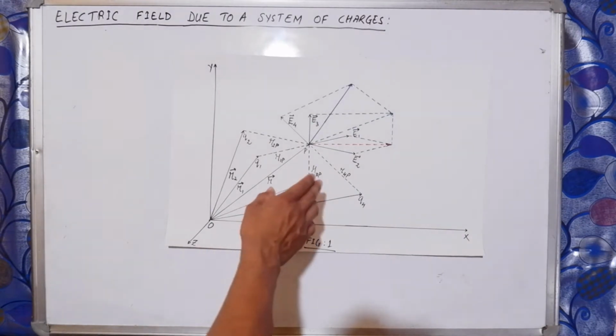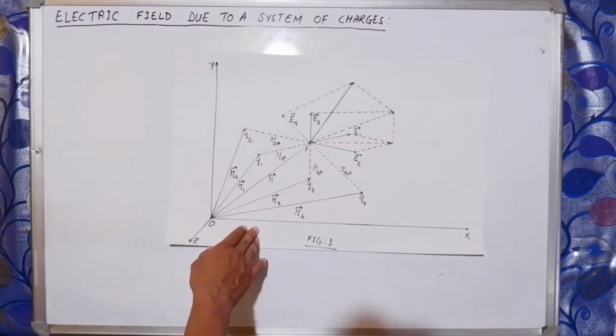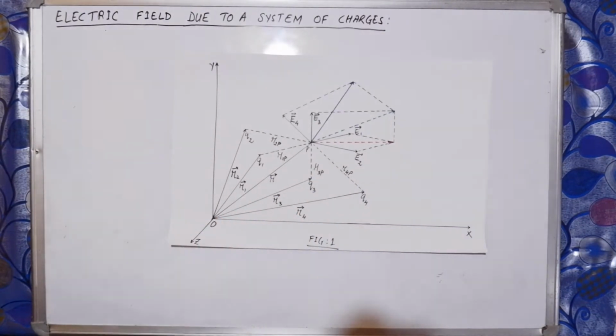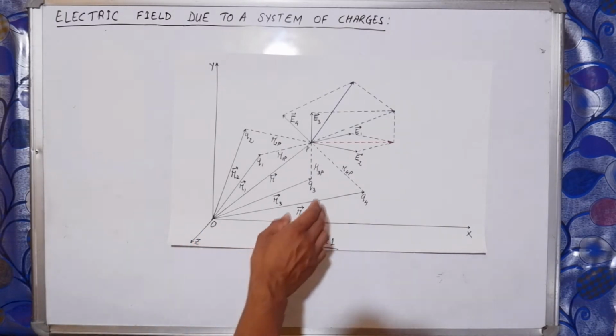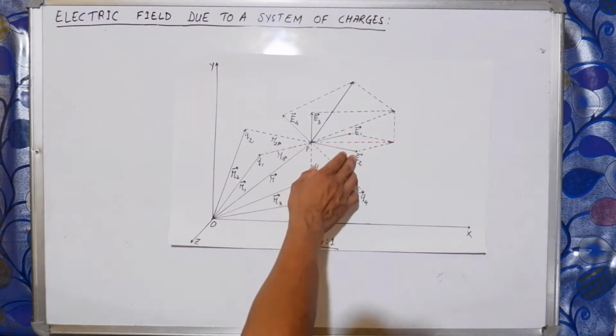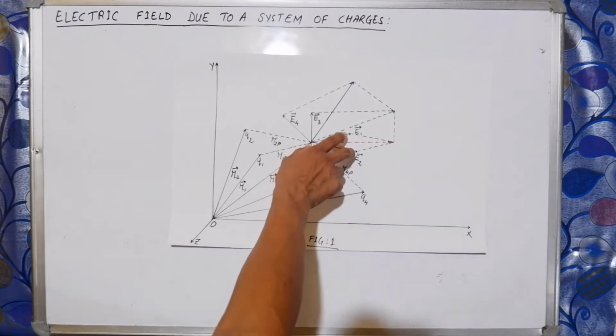Since the electric field is a vector quantity, we have to add them by the parallelogram law of vector addition, taking two of them at a time.